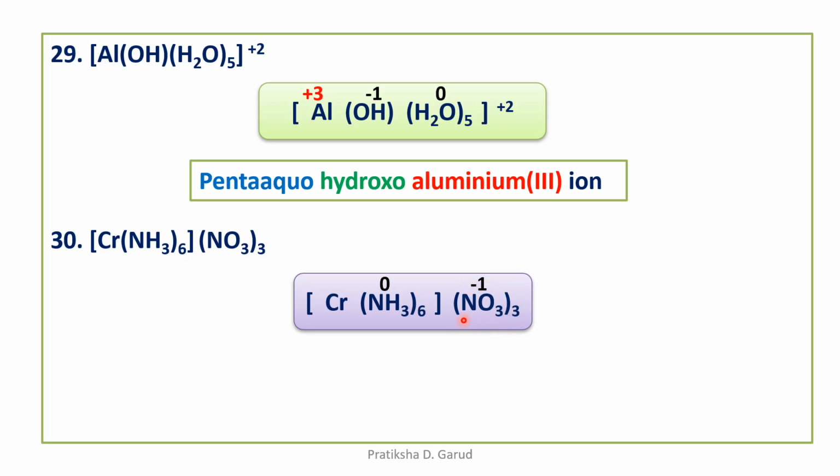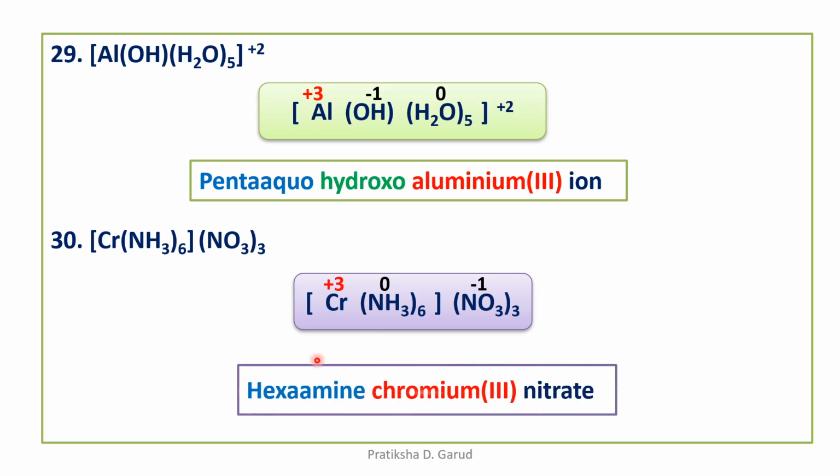As there are 3 NO3, therefore total charge becomes minus 3. Therefore the complex ion should have the charge plus 3, and hence the oxidation number of the chromium is plus 3. Right. So the name is hexaammine chromium plus 3 nitrate. Right. Hexaammine chromium plus 3 nitrate.